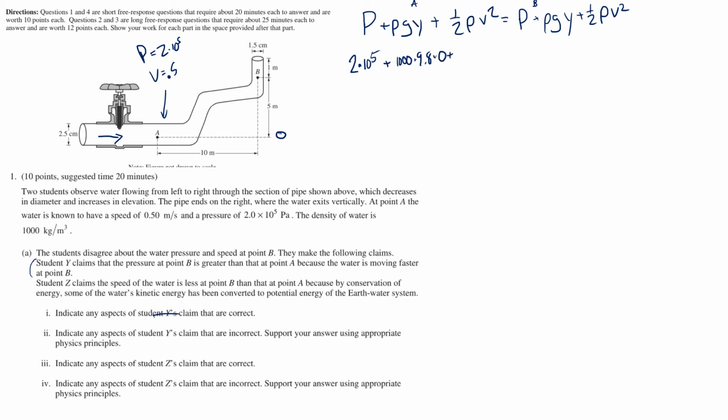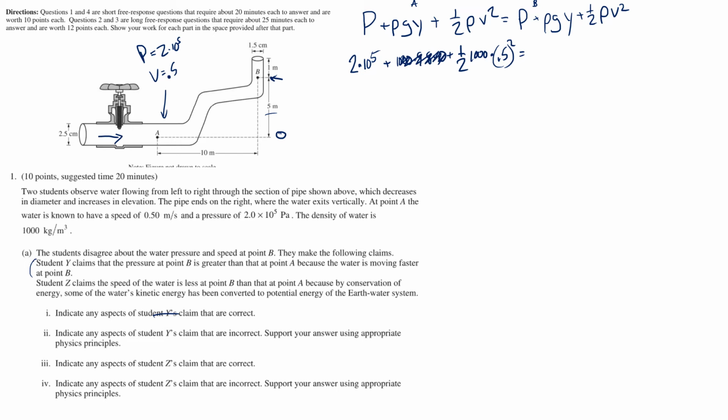Times 0, plus 1/2 times 1,000 times v squared, so 0.5 squared, is equal to P. So now we're worried about point B here, okay? We figured out everything that matters for part A. So we know the height's right there. But what is going to be the speed? Well, water is incompressible, okay? So we have to figure out what the difference is.